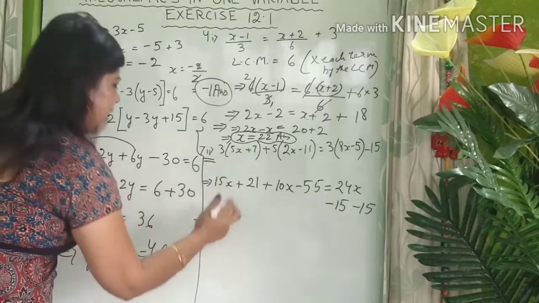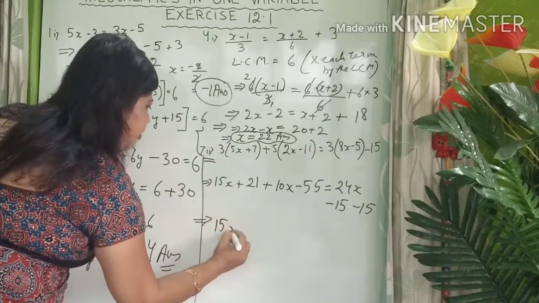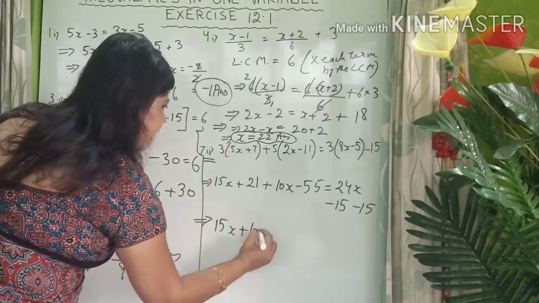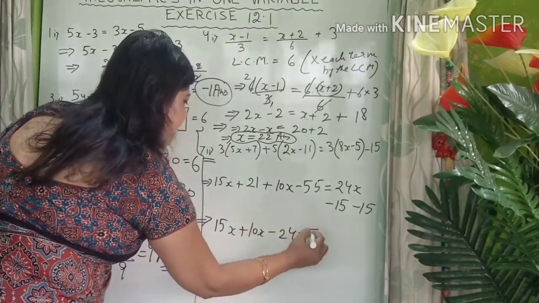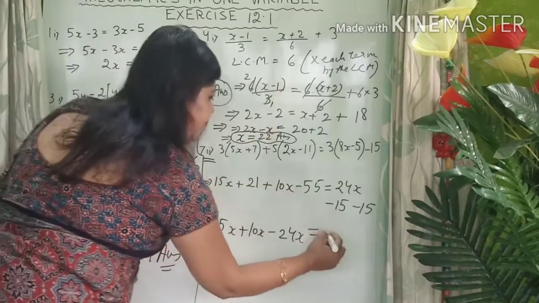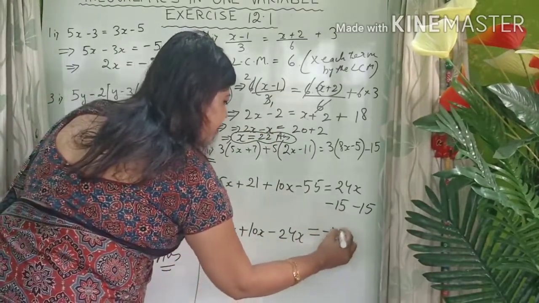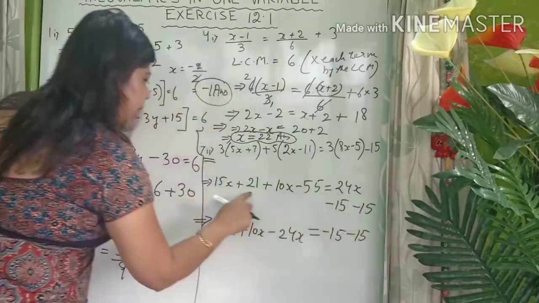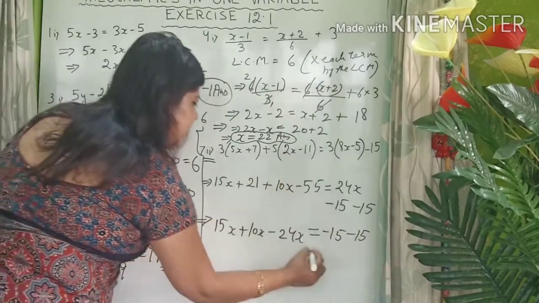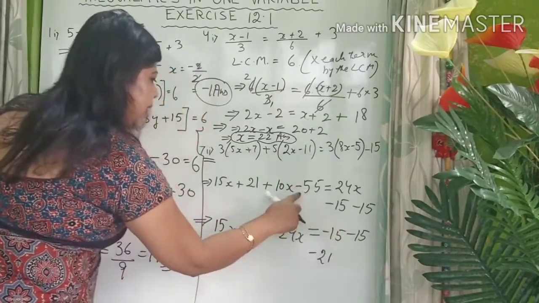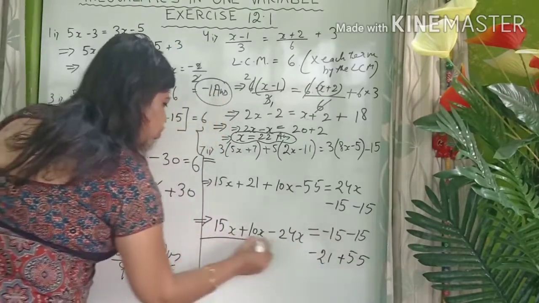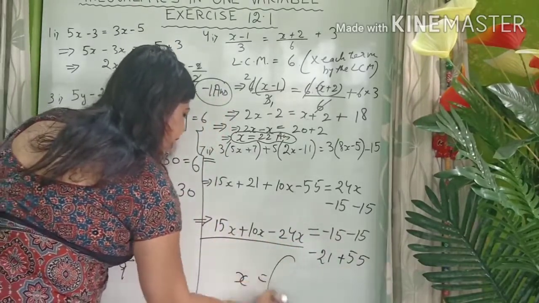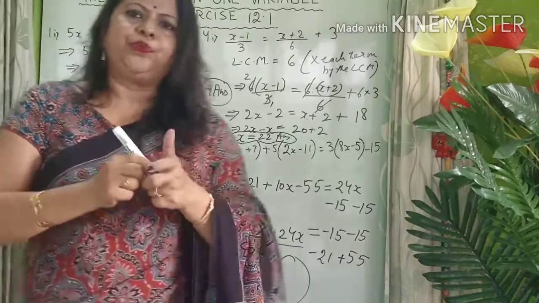All x in one side. Till this step I do 15x plus 10x minus 24x, and that is equal to all the numbers. Minus 15, minus 15. Now plus 21 go that side, minus 21, and minus 55 becomes plus 55. So you solve this and you find what is x.